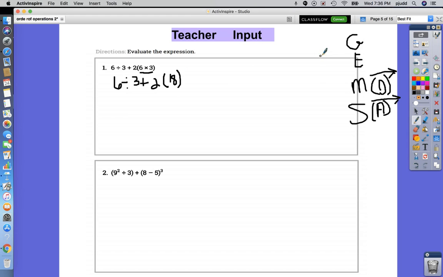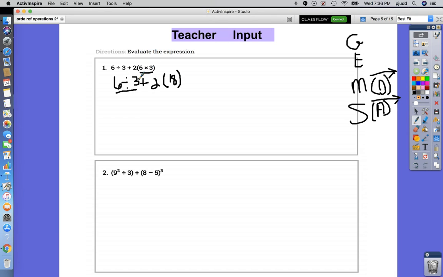So now I look and see I don't have any exponents, and I have division and multiplication before I can add. But I know that I'm going to look at either multiplication or division left to right, whichever comes first. In this case, division comes first. So I'm not going to jump over to the multiplication.